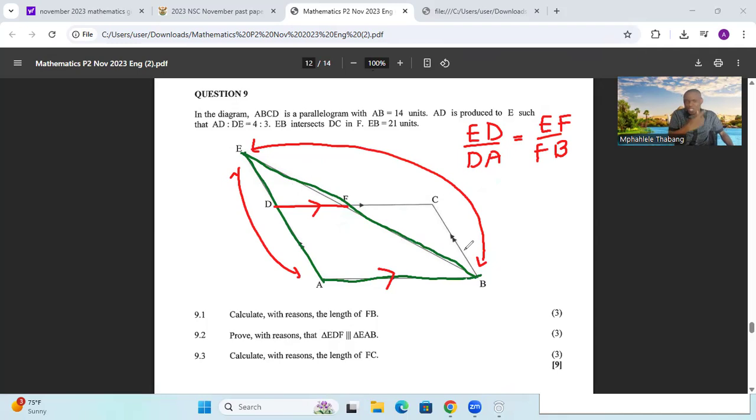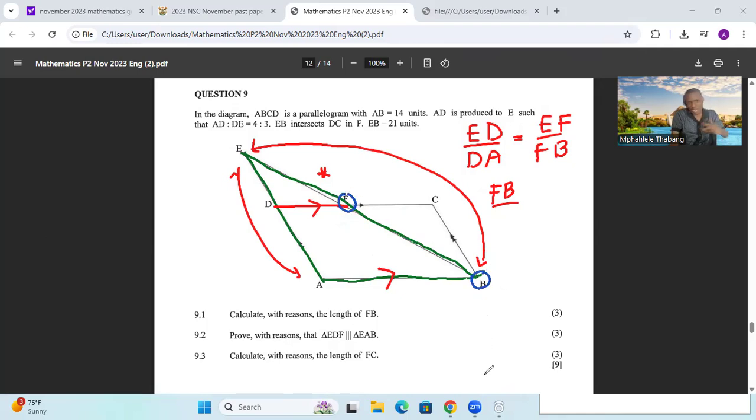You can even start on the side of EC. You can even say FB. I started with FB.